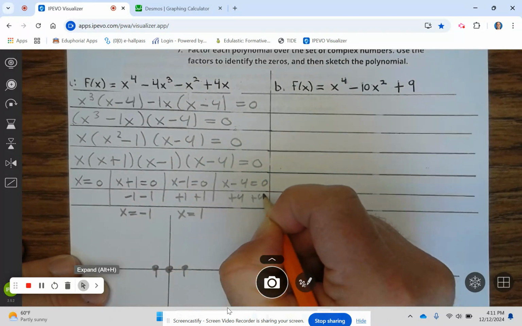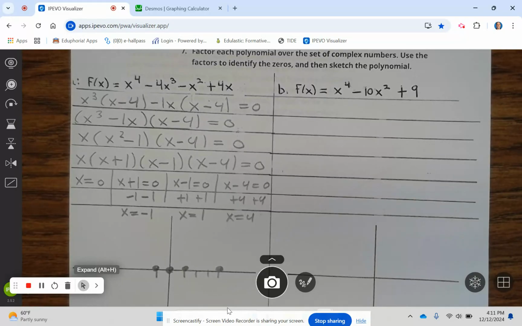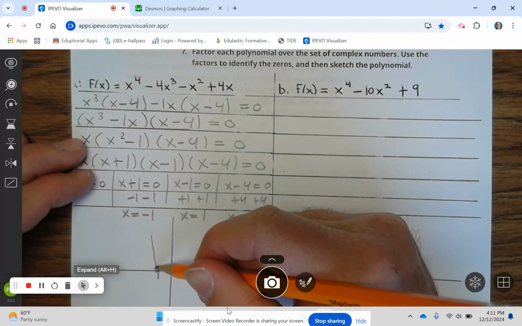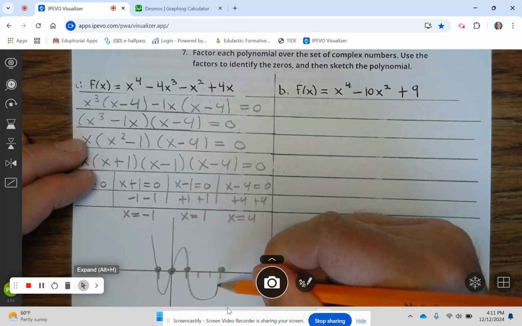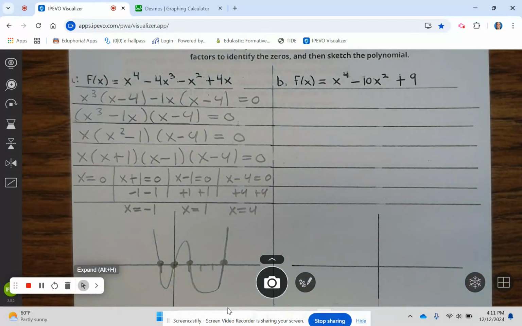Add 4 to both sides. X equals 4. Okay. And then we sketch our graph like so. All right, go ahead and finish up A. Let's take a look at B.